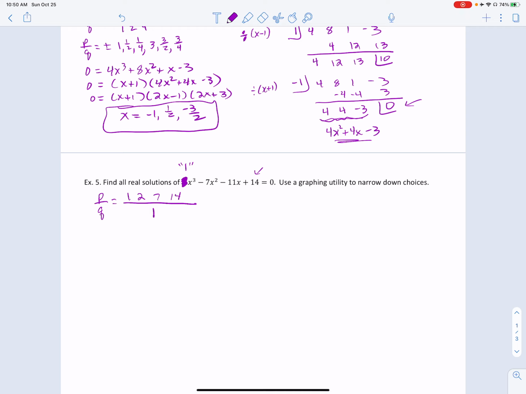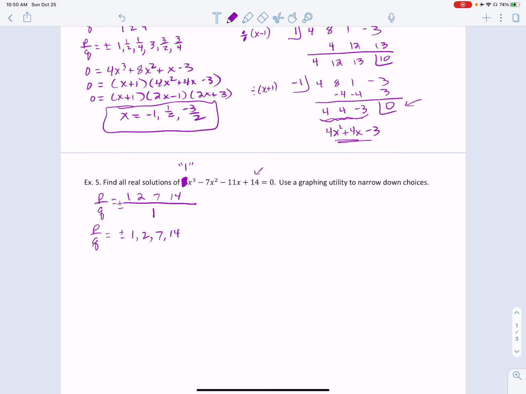And so my possible rational roots, don't forget plus or minus, is just 1. Each of these over 1 are just going to be those lists of numbers. So those are my possible rational roots.